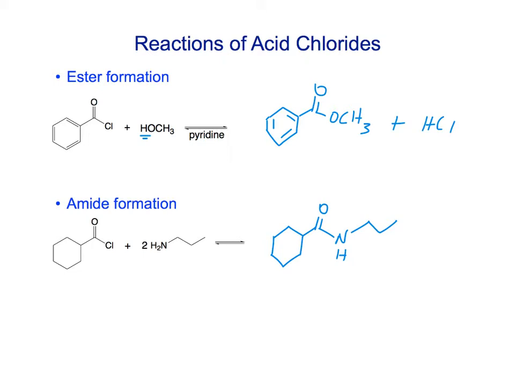Right, one of them is going to neutralize the acid. If we only add a 1-to-1 ratio with no extra base, then every molecule of amide that's formed is going to generate hydrochloric acid. It's going to react with one of the amines to form the ammonium ion, which is no longer nucleophilic. So if we only did a 1-to-1 ratio, the reaction would essentially go halfway.